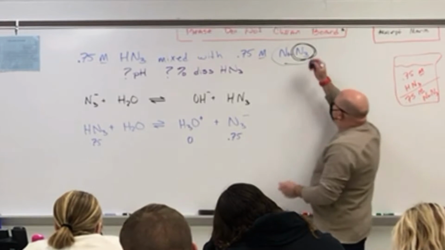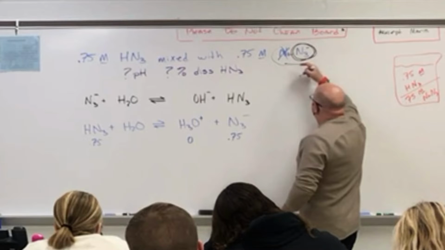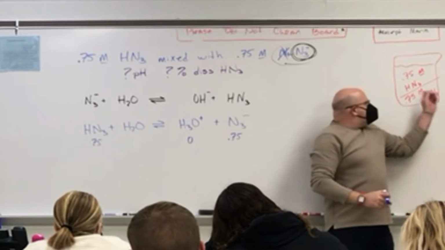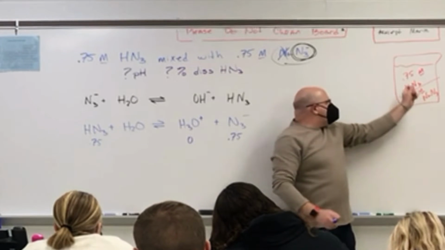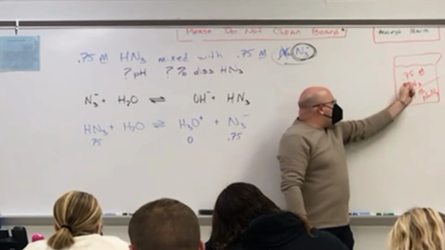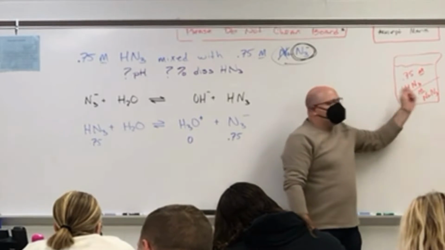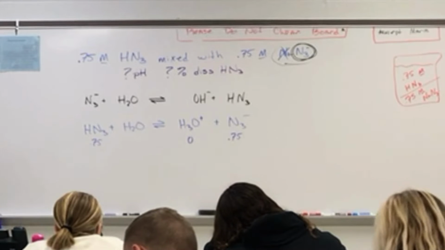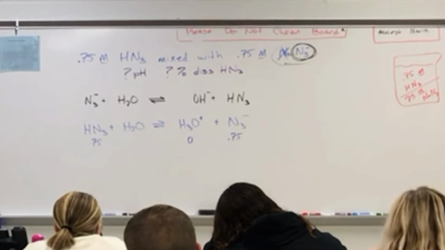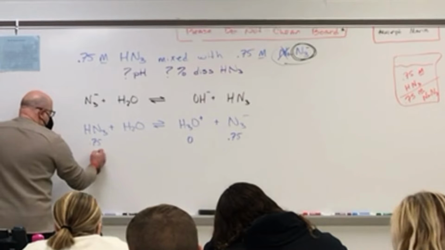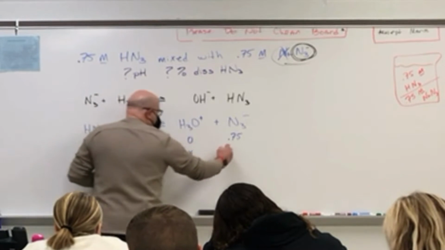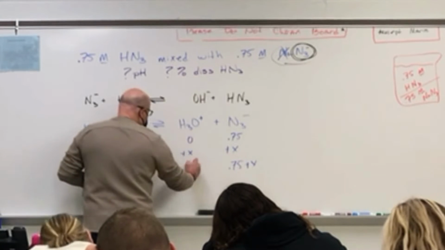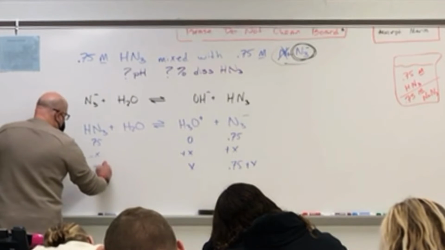Okay, so before any reactions have taken place, I've got 0.75 molar of the hydrazoic acid, and I got 0.75 molar of the azide. Minus x, plus x, plus x, 0.75 plus x, x, 0.75 minus x.